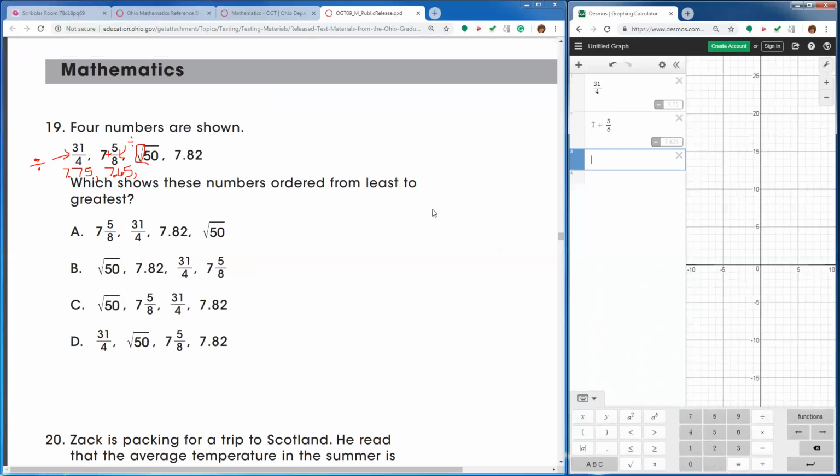When I'm working on one problem, I like to keep them all up, because then if I forget something or I made a mistake, I can look back at the calculator. We'd go down here, it's next to the ABC, and it's this check mark. That brings up square root, and then 50. And it gives you a really crazy answer. We don't really need the whole answer, we're just going to take part of it. I'm going to do 7.07.